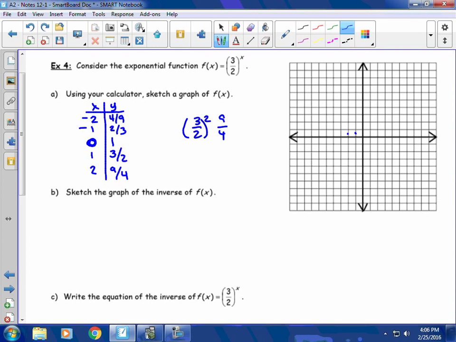And then -1, 2/3, a little bit bigger right there. 0, 1. 1, 3/2. 3/2 is 1.5, so right about there. 2, 9/4. Well, I know 9/4 is just a little bit more than 2, because 8/4 would be 2. So probably right about there. And then connect your points, and there you go. So this is f of x. And don't forget to draw in your asymptote at y equals 0.